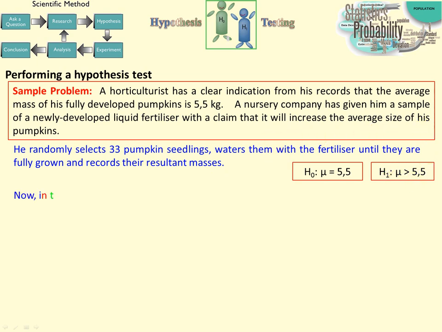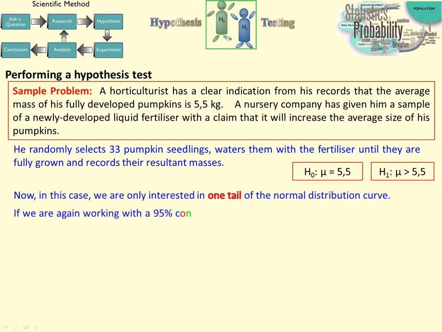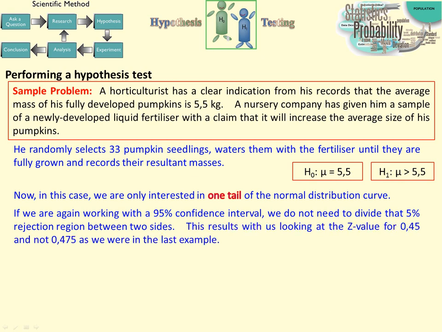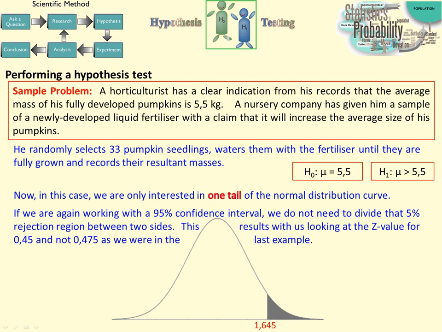So in fact, this is only one tail on the one side. We work with 95%, but we're no longer dividing the 5% between the two sides. So therefore, if you look at 95, we now have a Z value of 0.45 on the Z table. And we need them to be inside there.